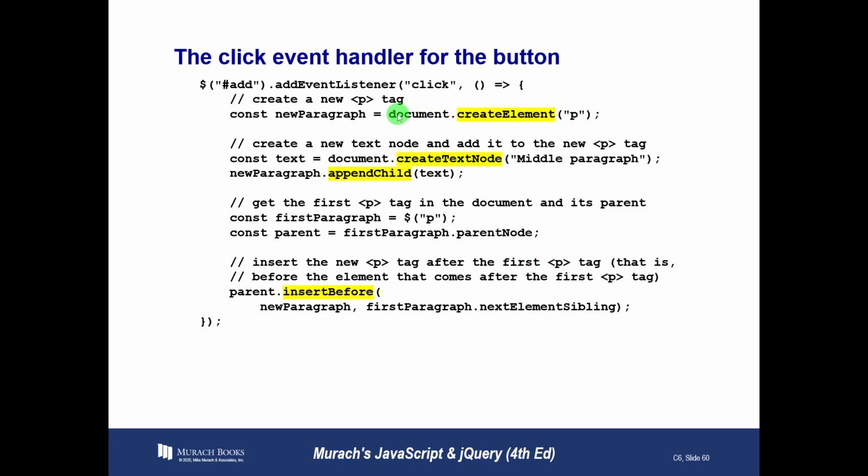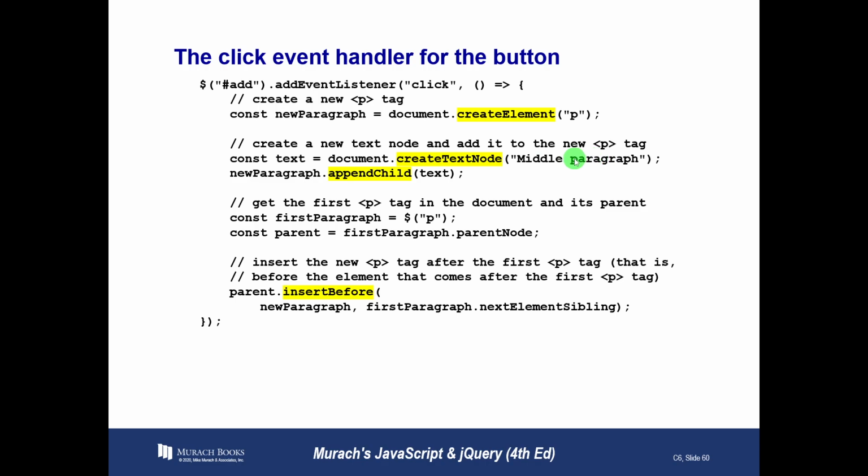So we're calling the document object and saying createElement of type P. So we're going to create a paragraph element. That creates the paragraph, and then we assign that to a constant, newParagraph. Then we're going to call document.createTextNode, and we're going to create a text node that says middle paragraph. So we've got the paragraph element, and now we have a text node that says middle paragraph.